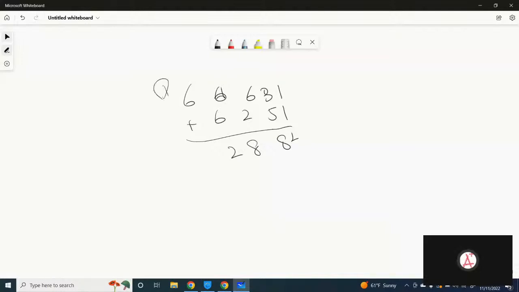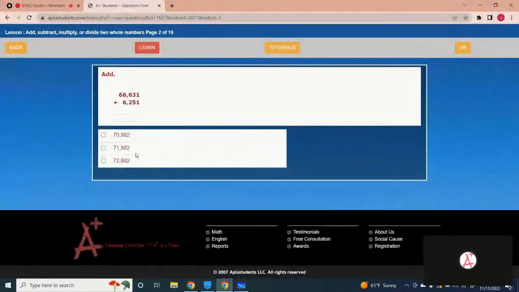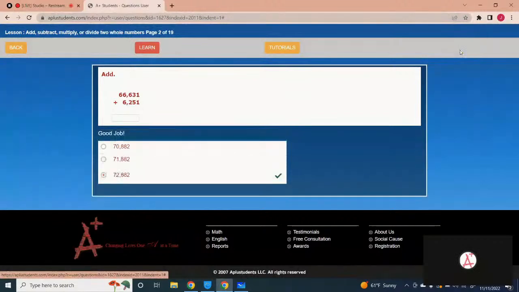Write 2 here and carry 1. So 6 plus 1 is 7. So it would be 72,882. Just select the correct option and click on the OK button.